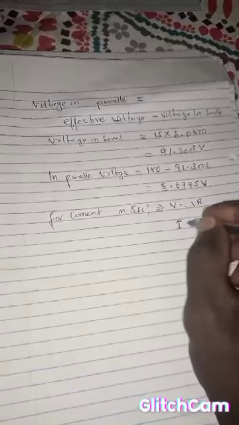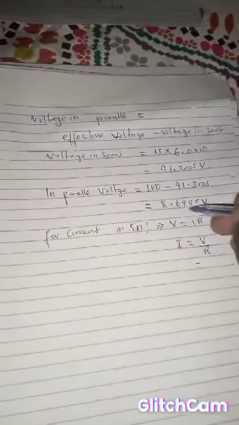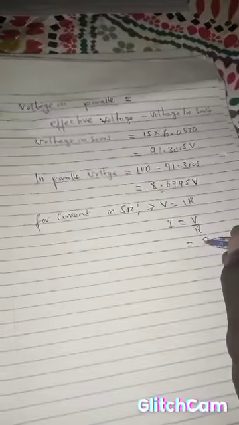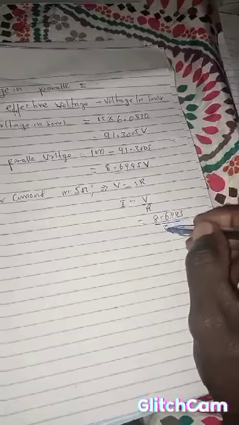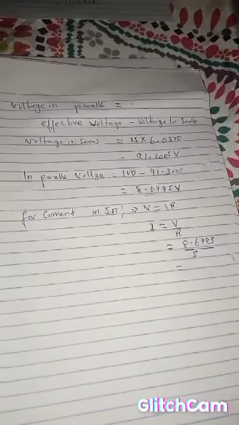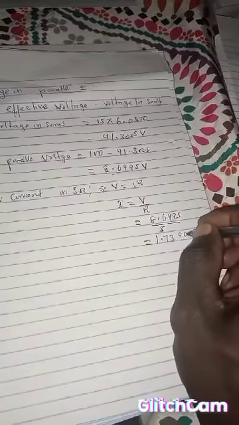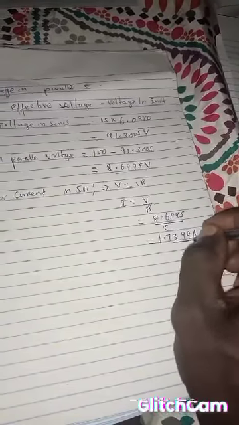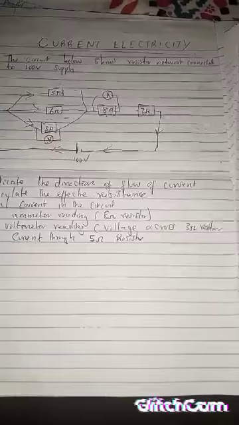Therefore, I is given as the voltage over the resistance. Our voltage is the same as the voltage in parallel, 8.6995, divided by the resistance of the 5 ohm resistor, so divided by 5. From the calculator, the answer becomes 1.7399 amperes.